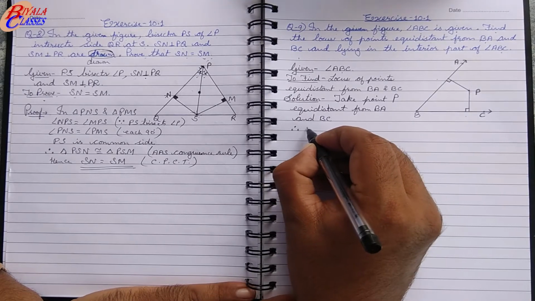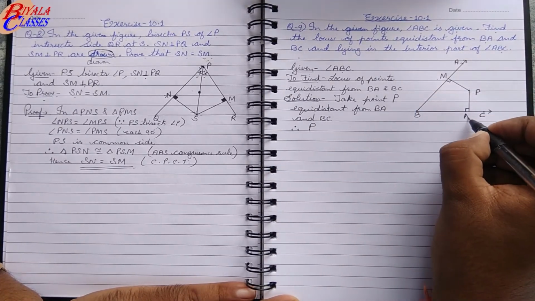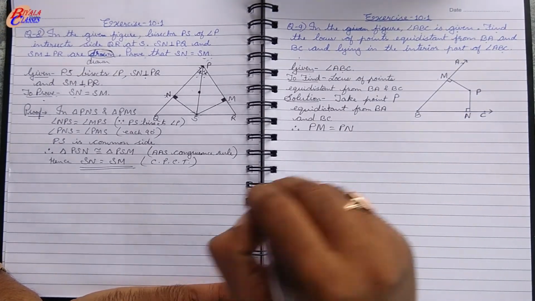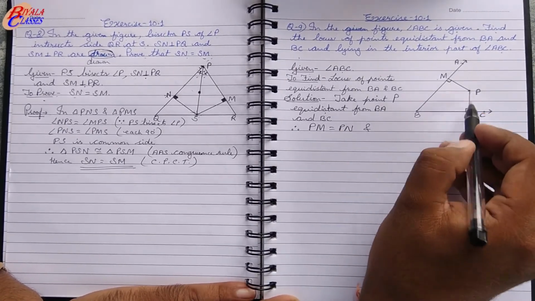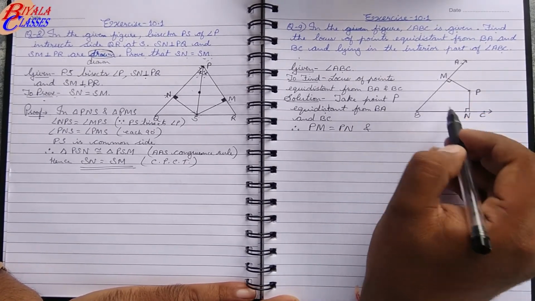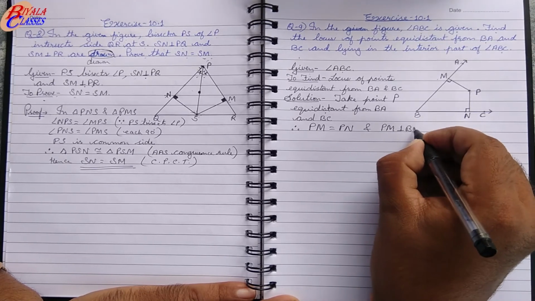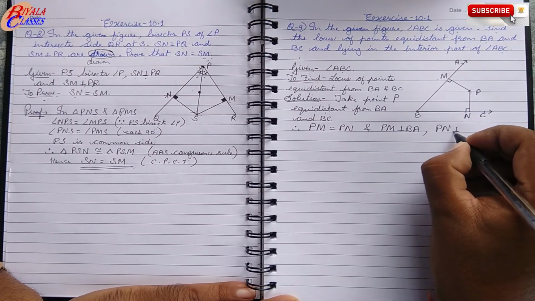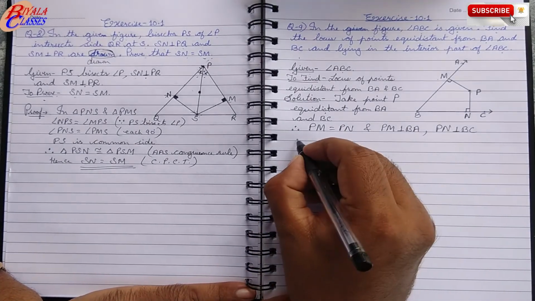Therefore, say this is PM, this is PN, PM is equal to PN, and we are taking equidistant, means this is the distance of the point from the two rays, hence PM is perpendicular to BA and PN is perpendicular to BC. So these conditions will be there.